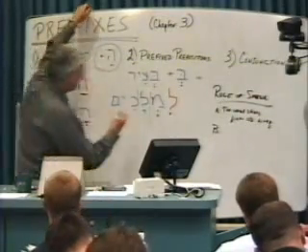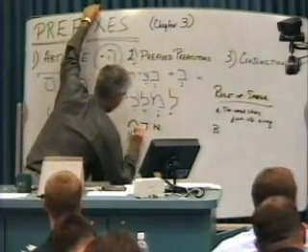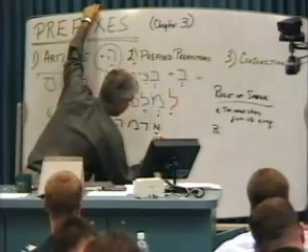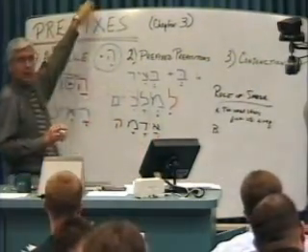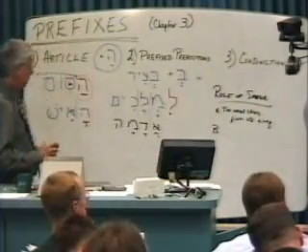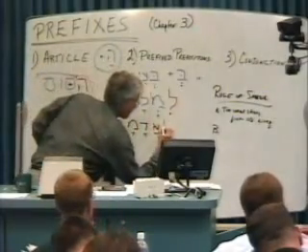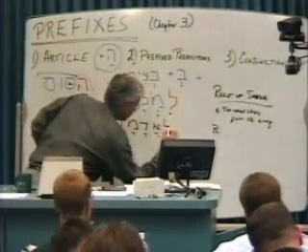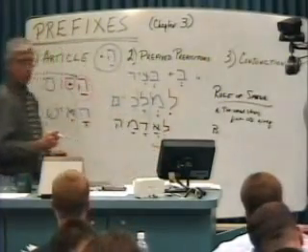What's our word? Adama. All right, if we're going to add the preposition lamed, we want to do schwa. Once again, we've got two vocal schwas.